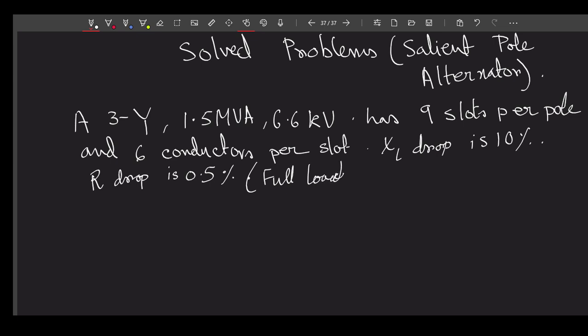Actually, I am not copying the exact problem because that will consume more time. Now see, the rotor has... this problem will be solved in the line of a cylindrical rotor machine, although this is a case of salient pole machine.